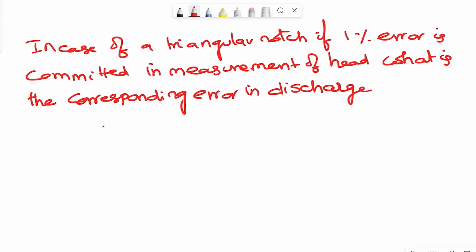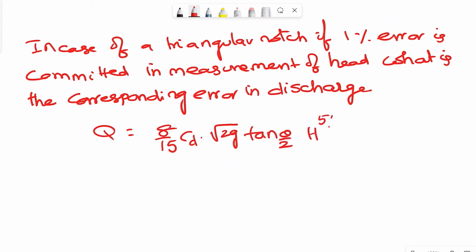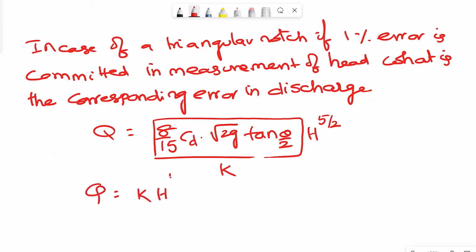So for a triangular notch, what is the equation? Q equals 8 by 15 Cd root 2g tan theta by 2 into H to the power of 5 by 2. Now all this is some constant, so I can write it as Q equals K H to the power of 5 by 2. What is dQ? K into 5 by 2 into H to the power of 3 by 2 into dH.